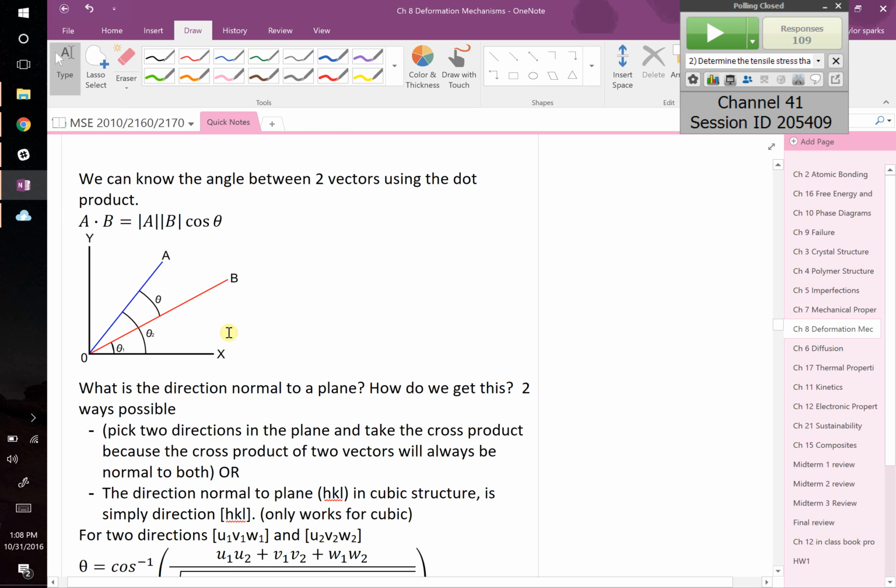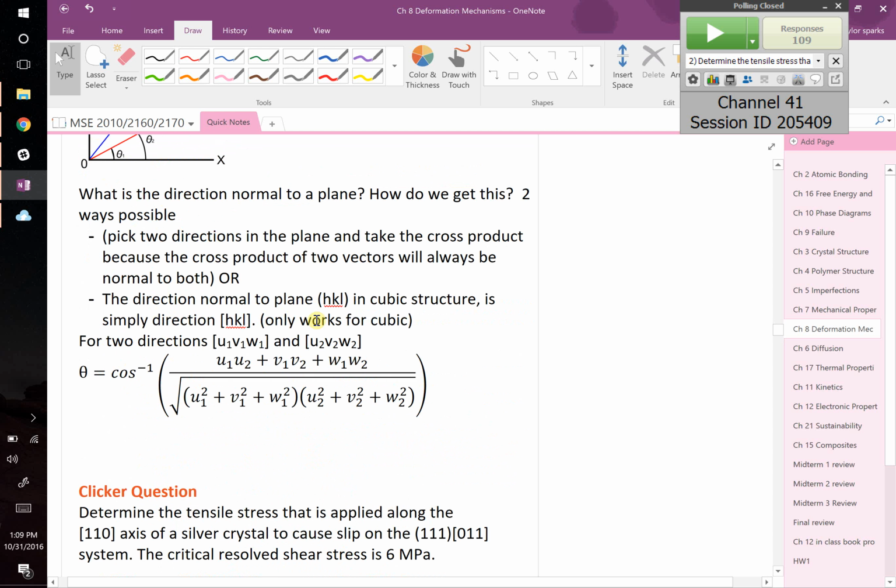At some point in your math career you would have seen this: we can figure out the angle between two vectors by using the dot product, right? So the dot product of two vectors, vector A and vector B, is going to equal the length of vector A times the length of vector B times the cosine of the angle between them, right? So if those are the two vectors, and we need to figure out that angle, we can just apply the dot product rule, okay?